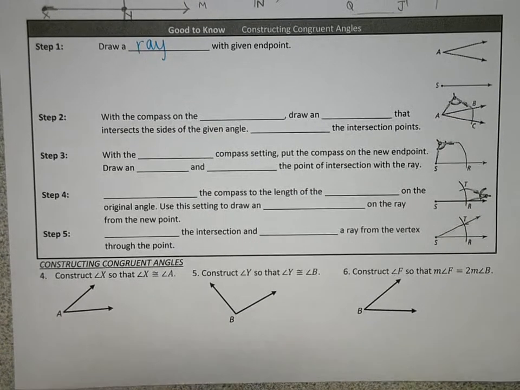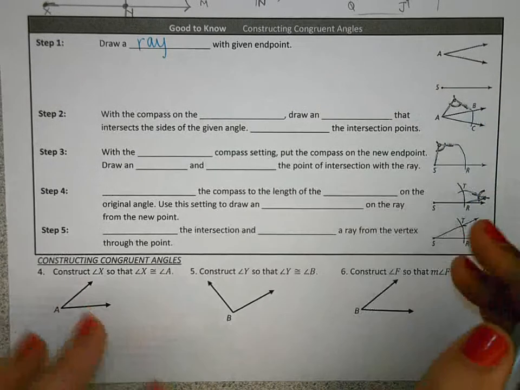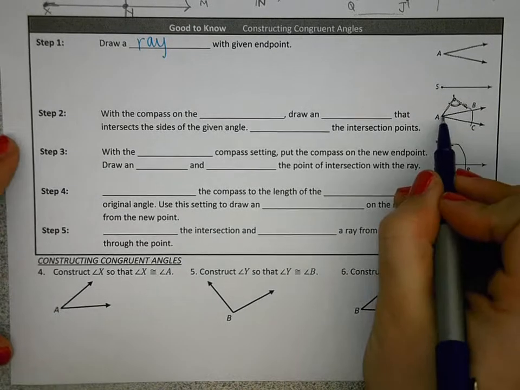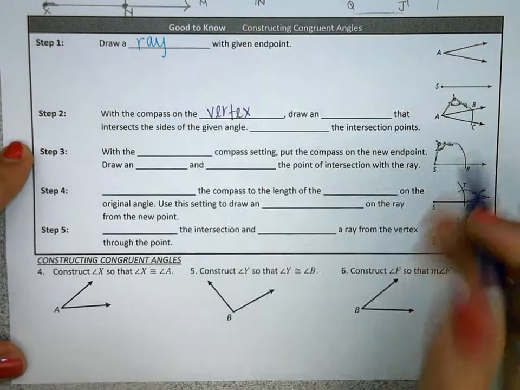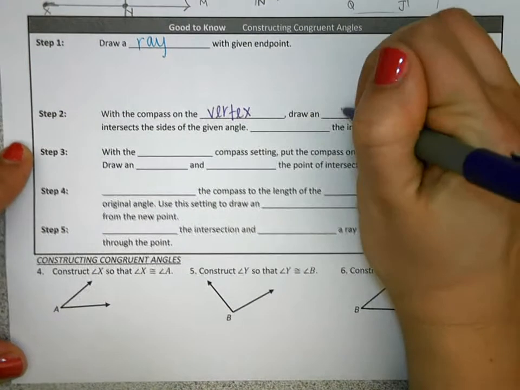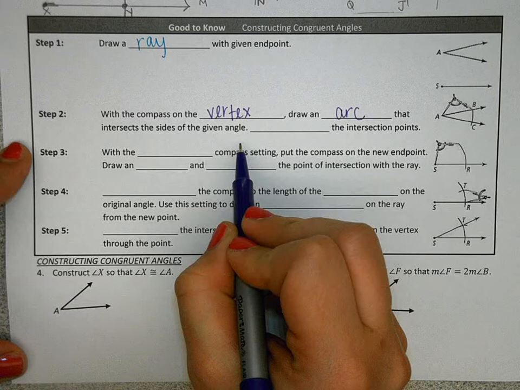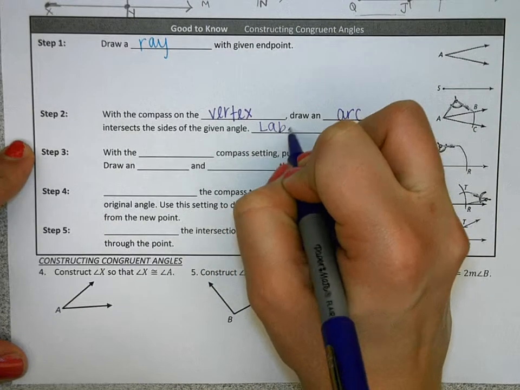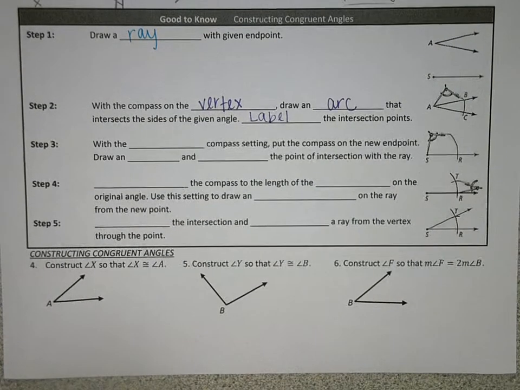So if I'm copying this angle, I start with a ray, and I put my compass on the vertex of the angle. I'm going to draw an arc that intersects the sides of the given angle. It wants you to label the intersection points. We may or may not do that because it gets time consuming after a while.